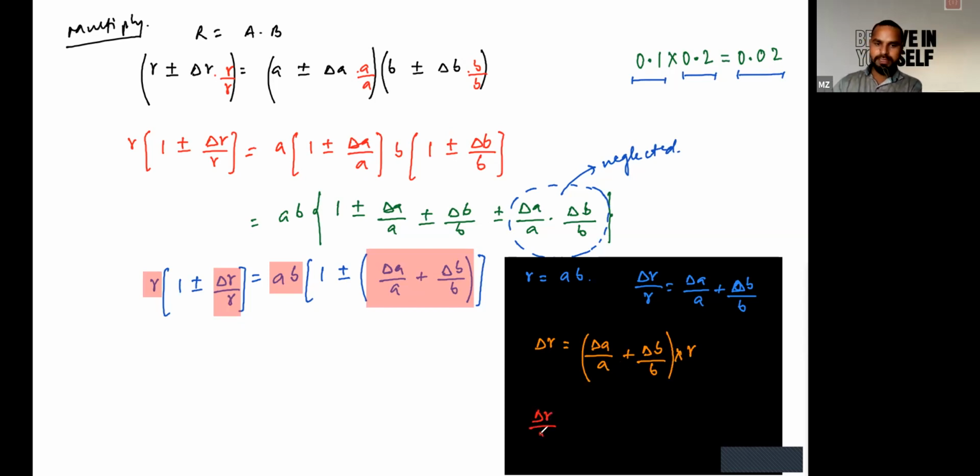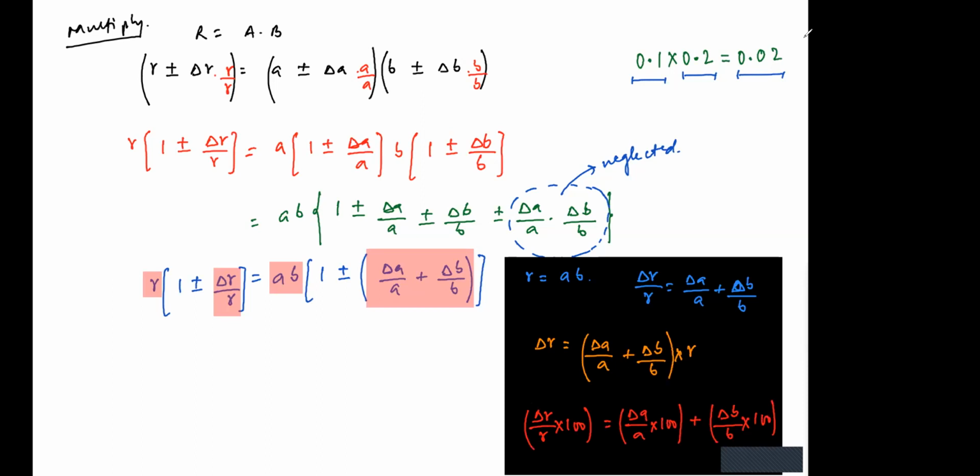So it will be delta R by R into 100 is equal to delta A by A into 100 plus delta B by B into 100. Is it clear? Yes, sir.